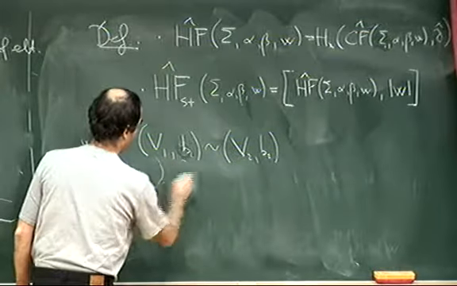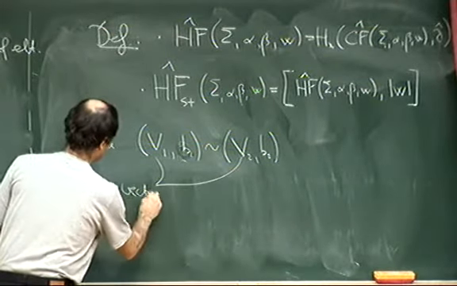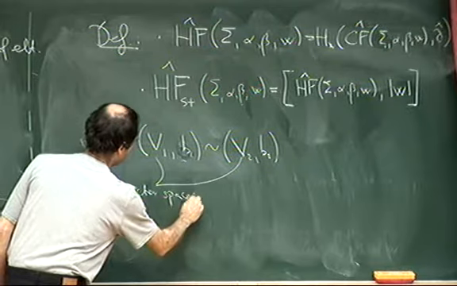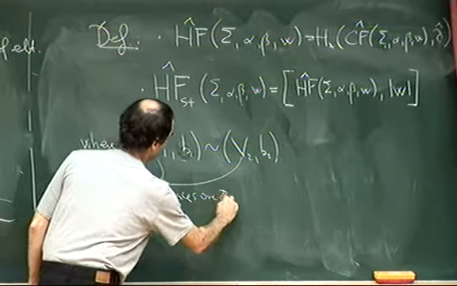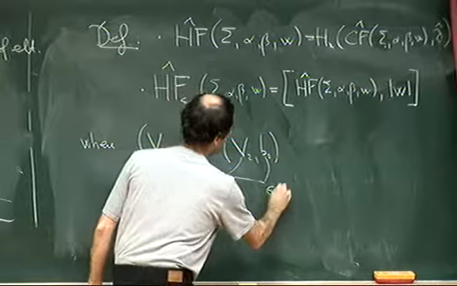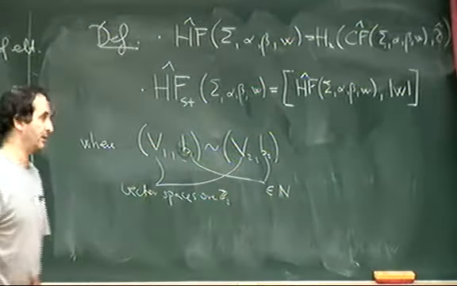So these are vector spaces over Z2, and these are just non-negative integers.